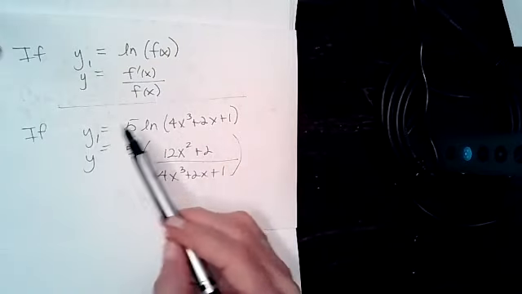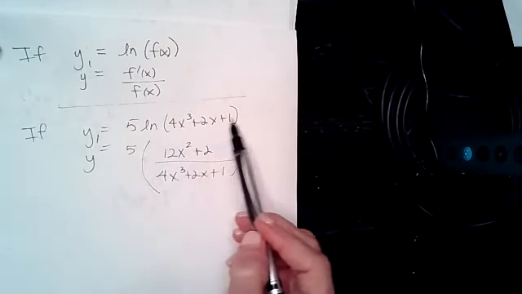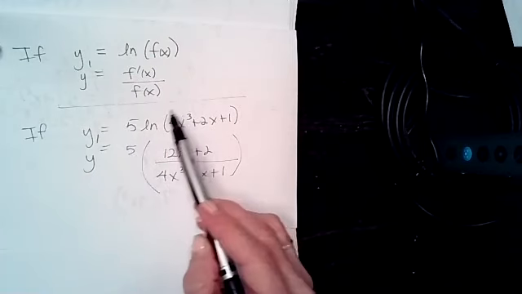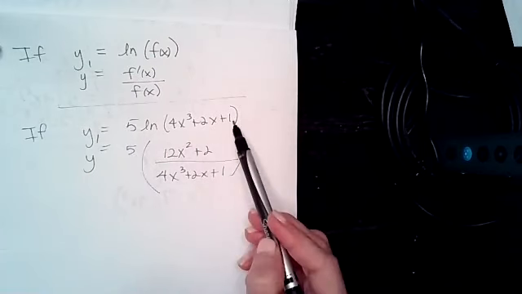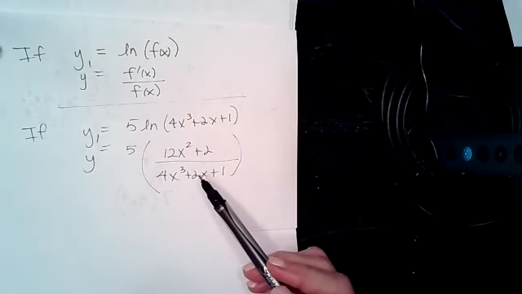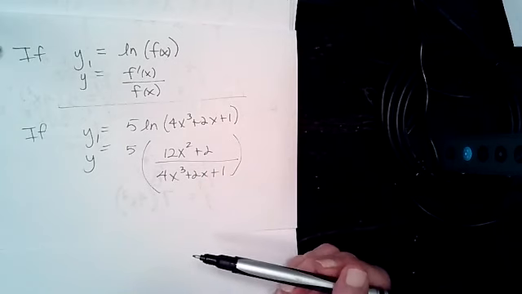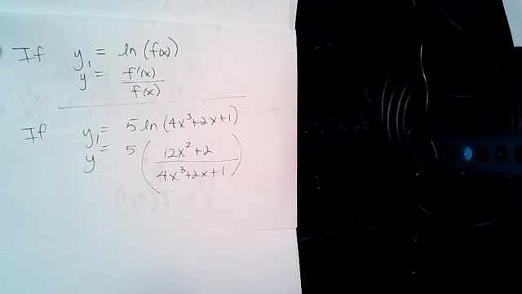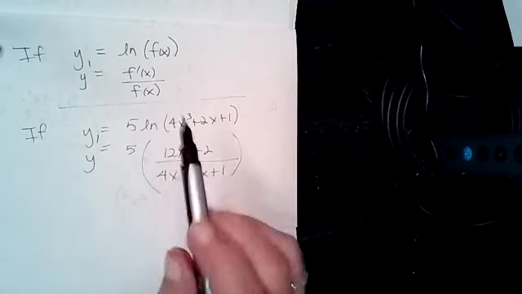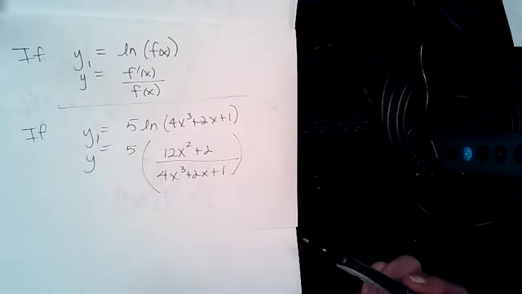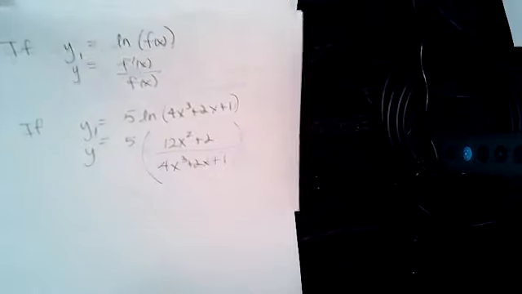So if y was a constant times the ln of a function, we bring along the constant, and it's the derivative of the function over the function. Y'all, I wish I had a jingle that could say something like low D high, like the quotient rule, or 1D2 plus 2D1, like the product rule. But the derivative of a ln term does not have an ln in it. So if y'all can think of a catchy jingle for me, you can let me know.